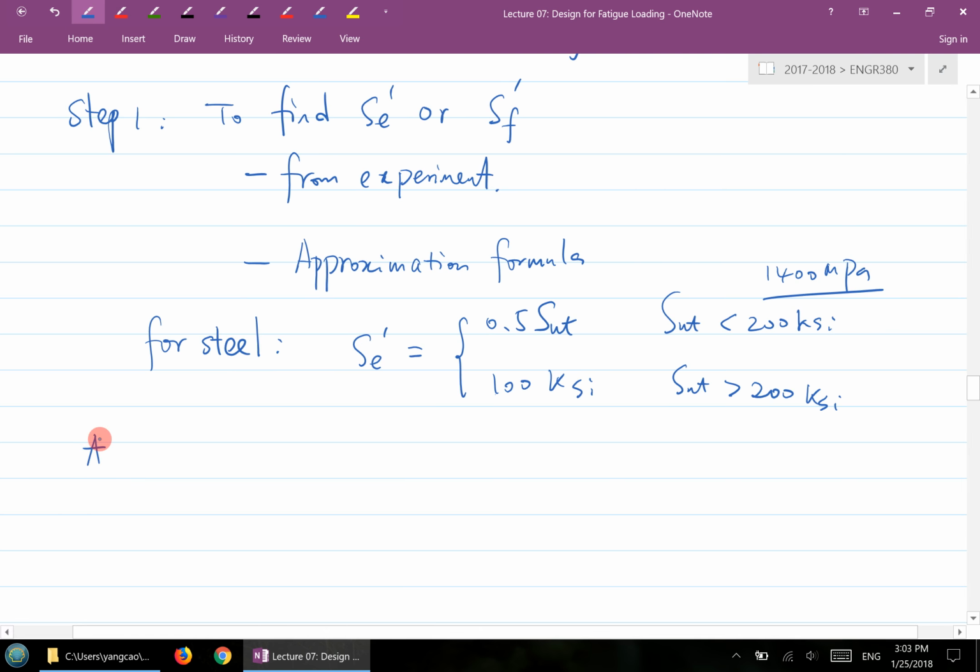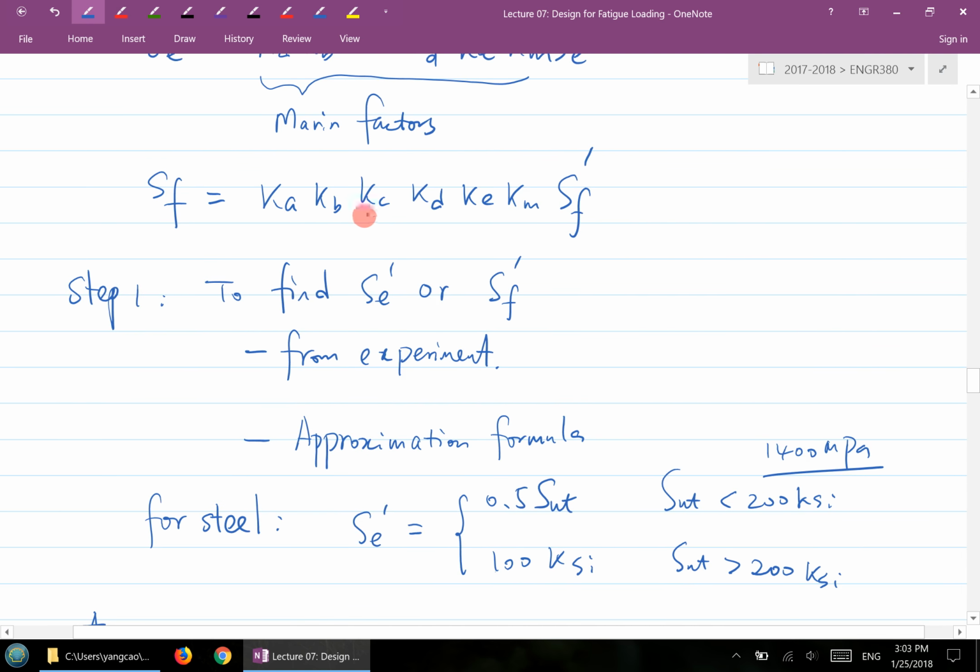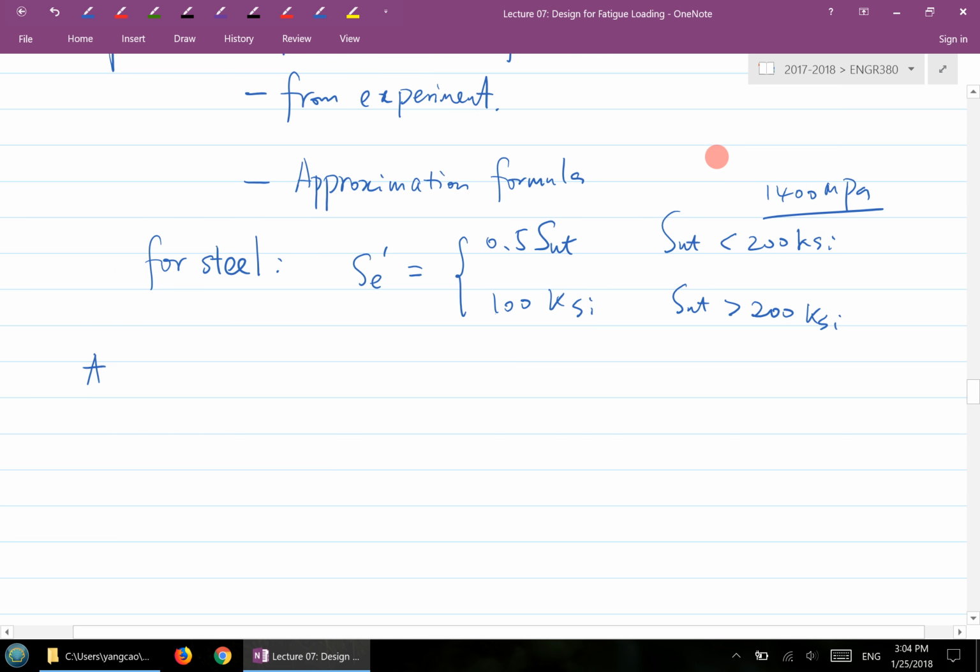Now let's look at each one of the factors and how we modify Se prime or Sf prime.